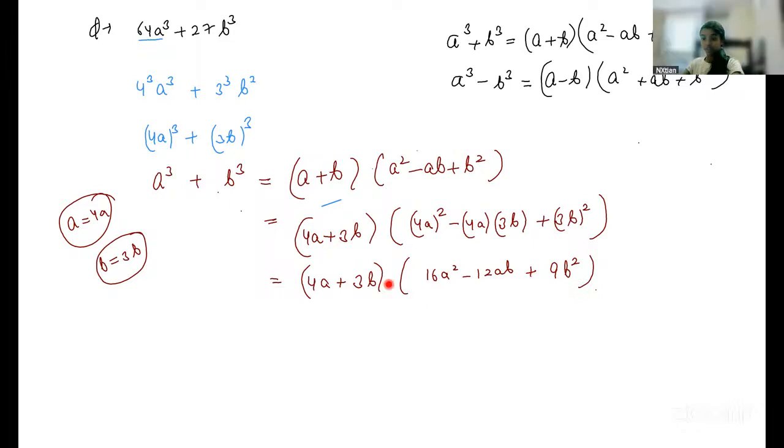Ira, what happened? Did you understand everything? Yeah, I understood. Everyone got it or not? Please ask me. Yes, sir. That was a so easy question. So A cube plus B cube always equals A plus B into A square minus AB plus B square.